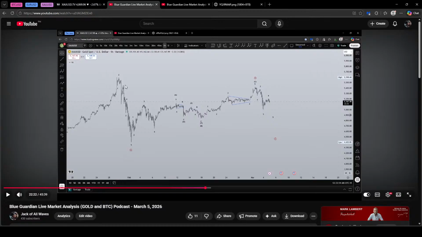Since wave A is composed of a motive wave, or five waves down, based on the rules of Elliott wave theory, I am expecting as well five waves down for wave B to wave C. And as you can see here in the previous analysis that I have done, as early as March 5, the downtrend or the dump that happened today was forecasted two weeks ago.